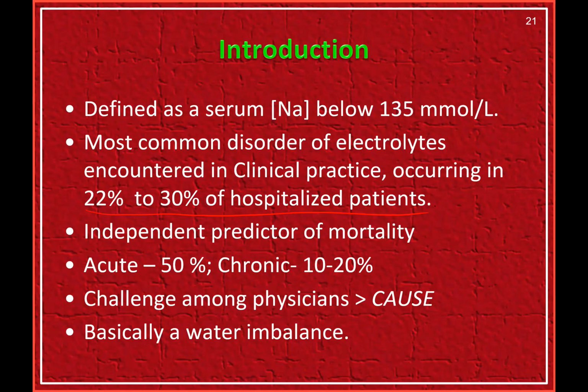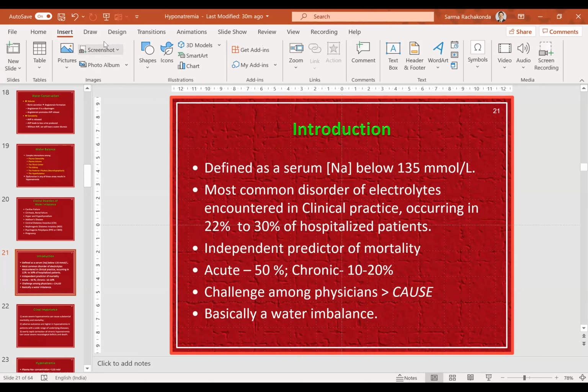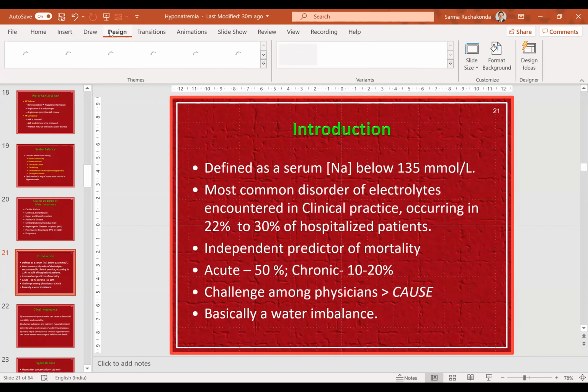In every hospitalized patient, we need to do serum electrolytes, and only then will we be able to find out whether there is hyponatremia or not, because for it to be symptomatic, it may require time.